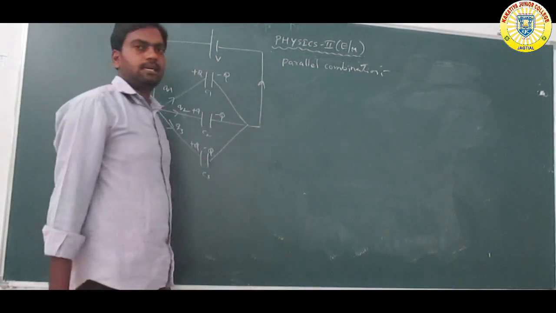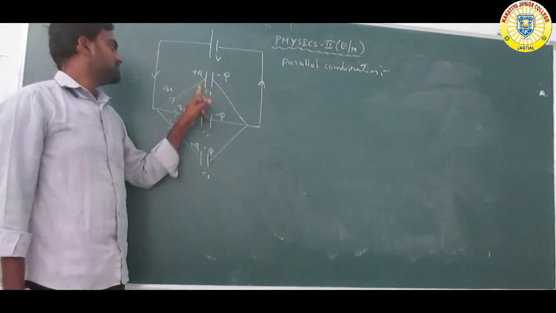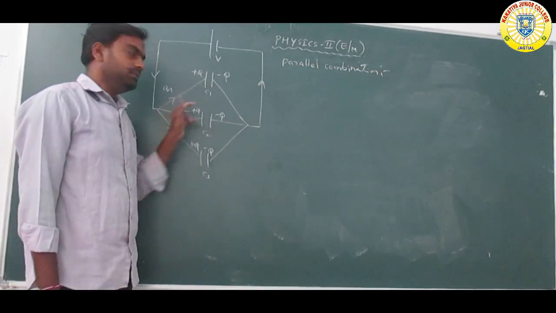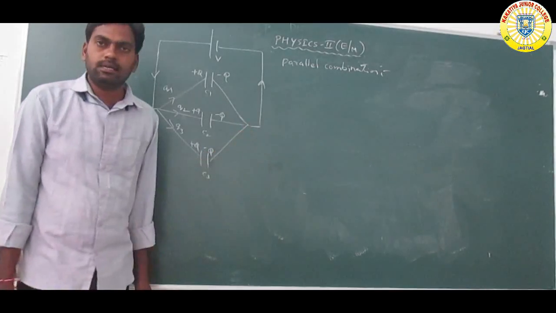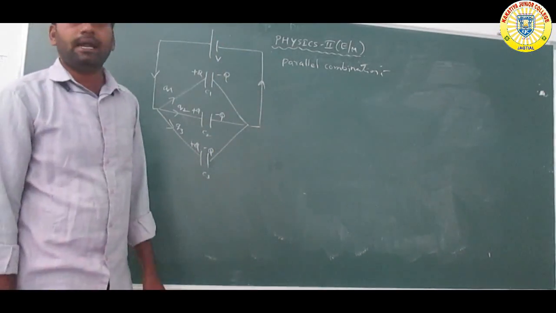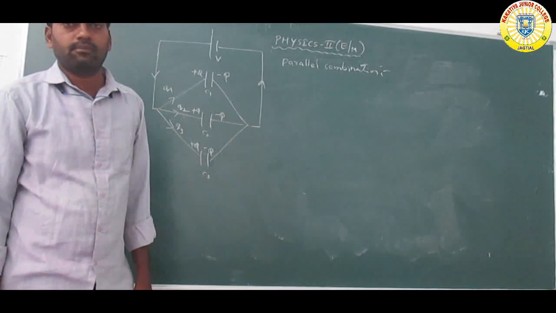The first plates of all the capacitors are connected to one terminal, and the second plates of all the capacitors are connected to the other terminal. These two terminals are connected to the opposite terminals of the battery. Okay, that is called a parallel combination.